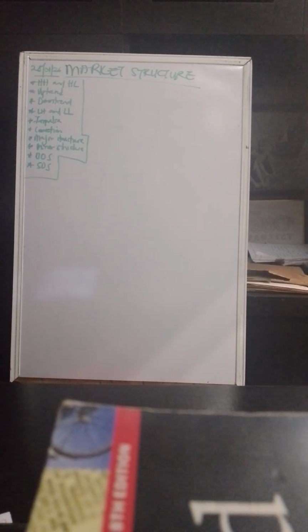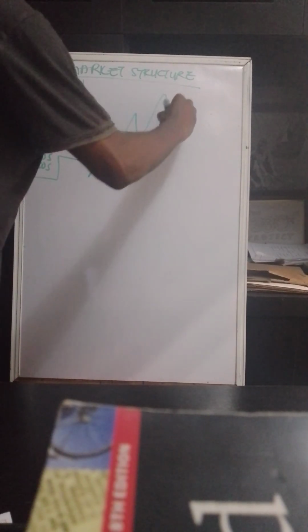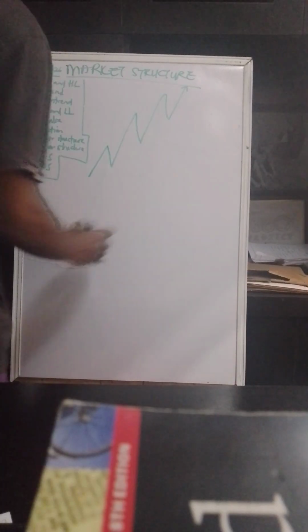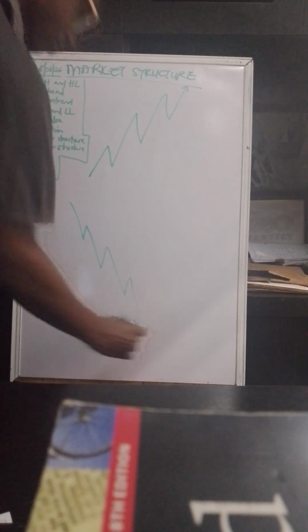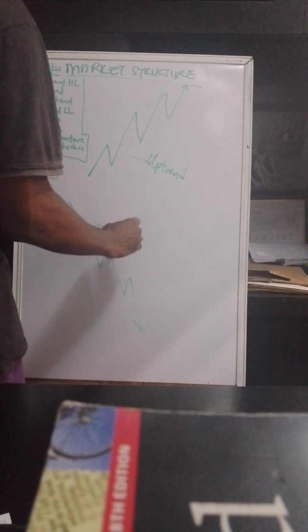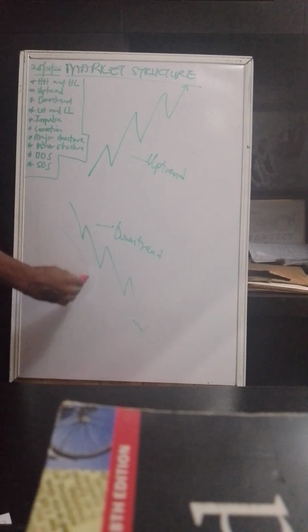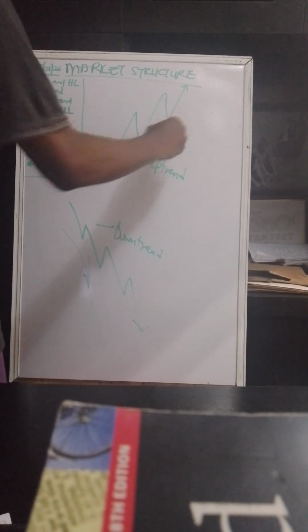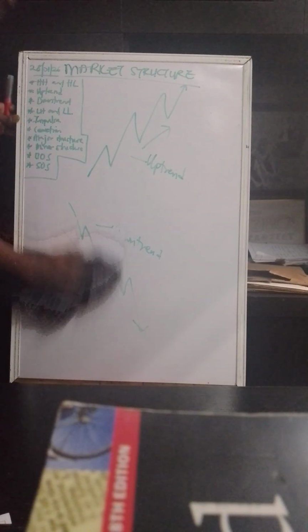So we could draw a chart. We would call this what? An uptrend. And this we call the downtrend. As I've said, the direction is down, direction is up. Very simple logic, easy to understand.